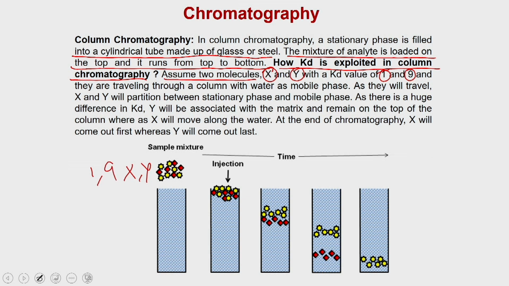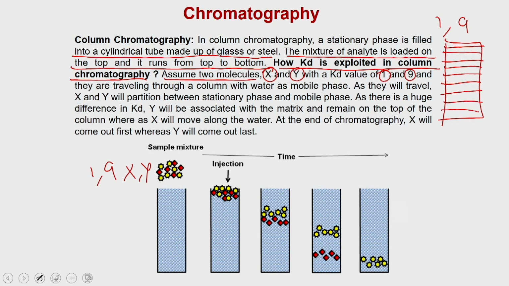Now, if they are traveling through this column, suppose you make different layers of these beads, and I assume that every bead volume is 1 ml.